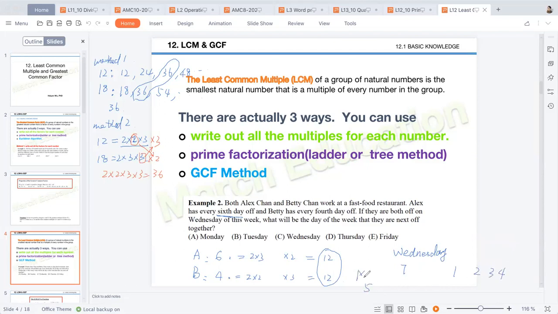The 5th is Monday. Or you can write 7, 8, 9, 10, 11, and 12. So 12 is Monday. This is Thursday, Friday, Saturday, and Sunday.